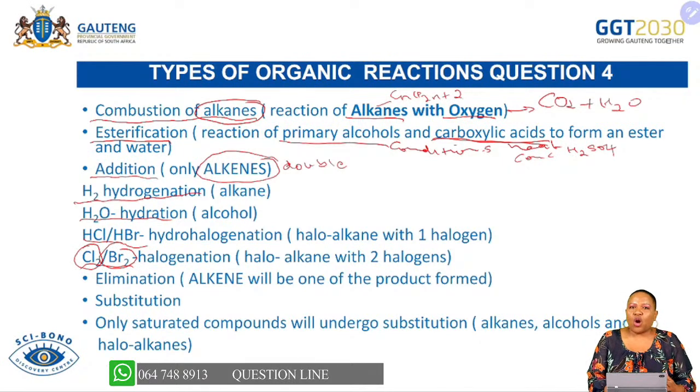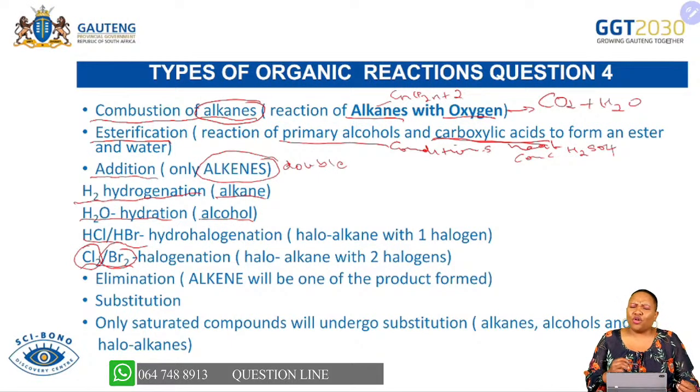And because we know that we are going to have different addition reactions, I also said to know the expected products for each reaction, so that even if anything goes wrong, you know that if it was hydrogenation, I will expect to find an alkane as a product. If it is hydration, I will expect to find an alcohol as a product.